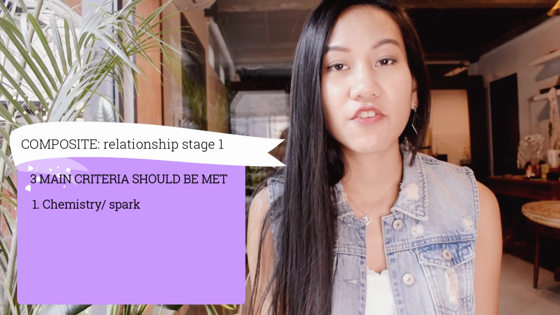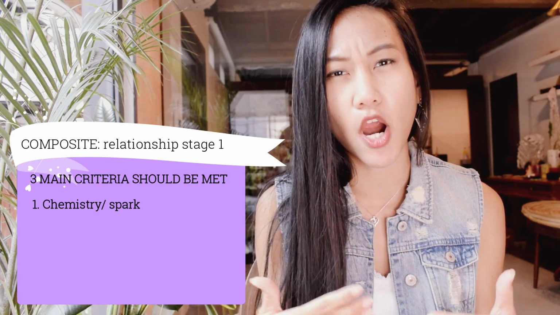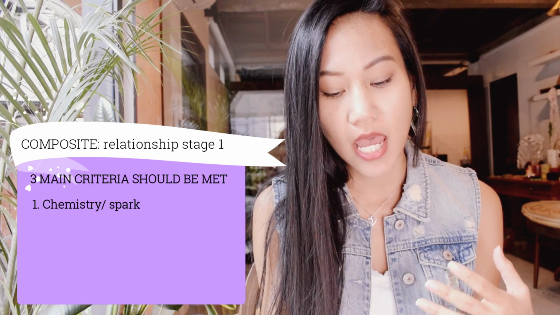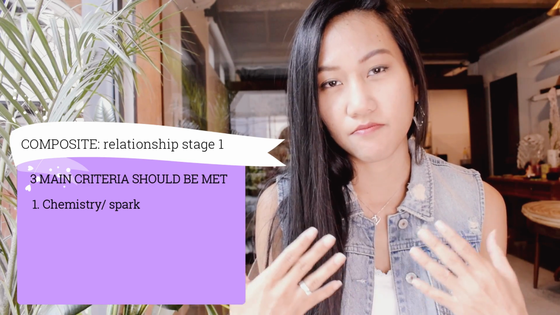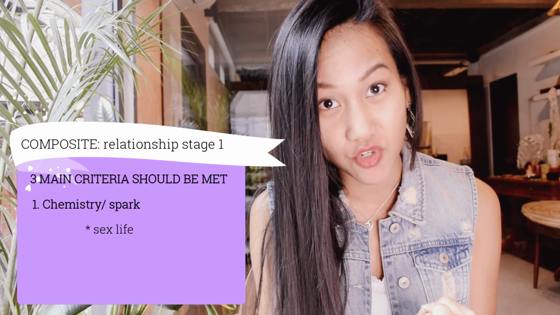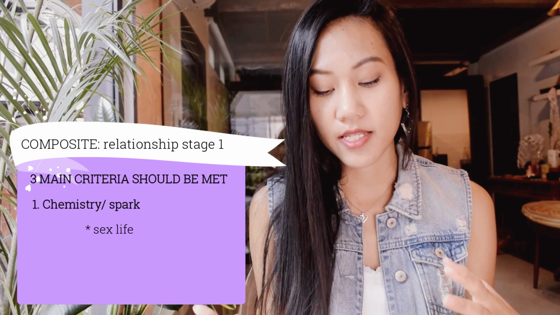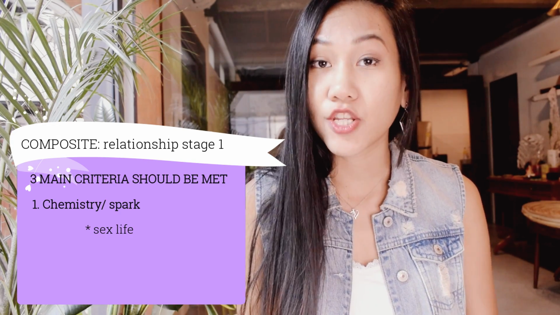So there are 4 different types of chemistry and spark that you can see as part of a relationship dynamic. The first one is, of course, how to see in the composite chart if you have the sexual chemistry within this relationship dynamic. With regards to this, we're talking about attitudes, for example.